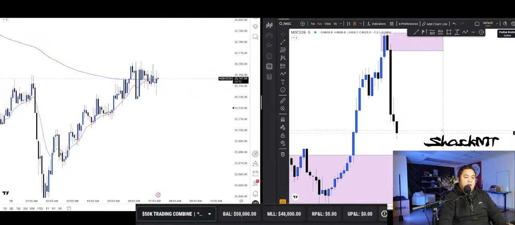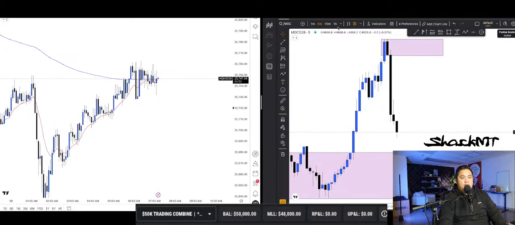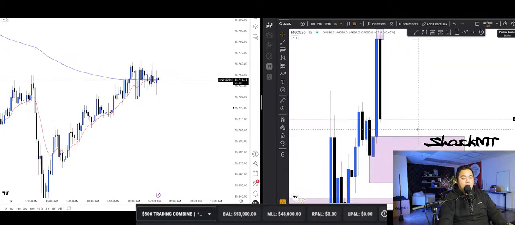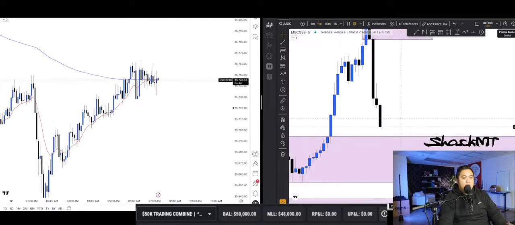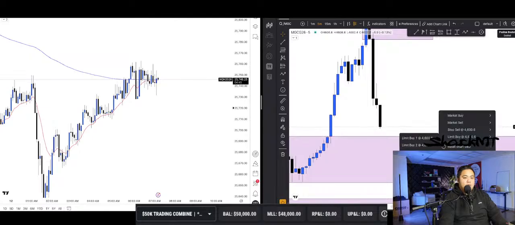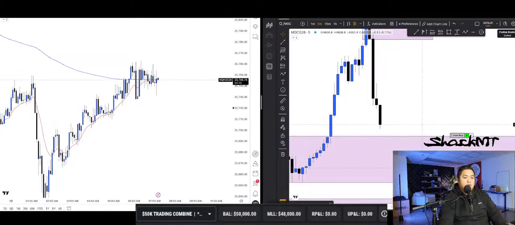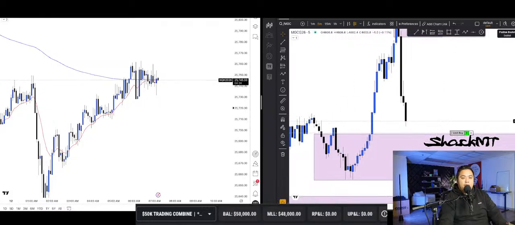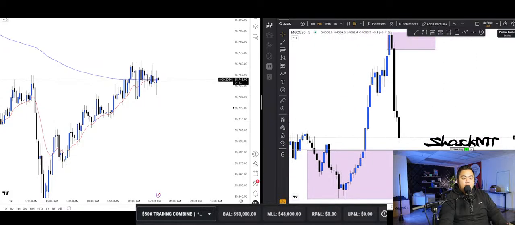All right, on this combine, since we're flipping down, I'm going to take it super light with just 5 contracts. I'm going to risk like $300 if it gets there. Super high risk trade.